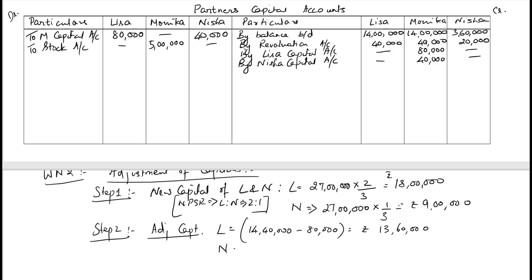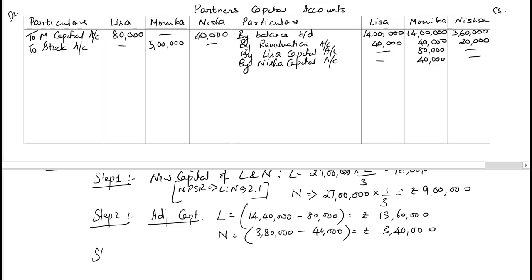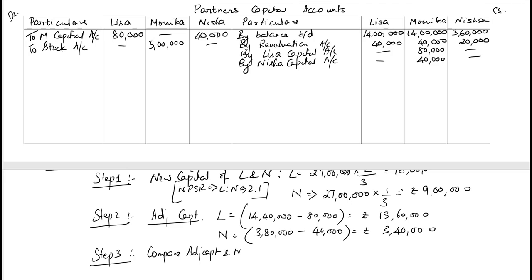And in the case of Nisha, it's 3 lakh 80,000 rupees minus 40,000, which comes to rupees 3 lakh 40,000. And the final step, step 3, is to compare adjusted capitals and the new capitals.